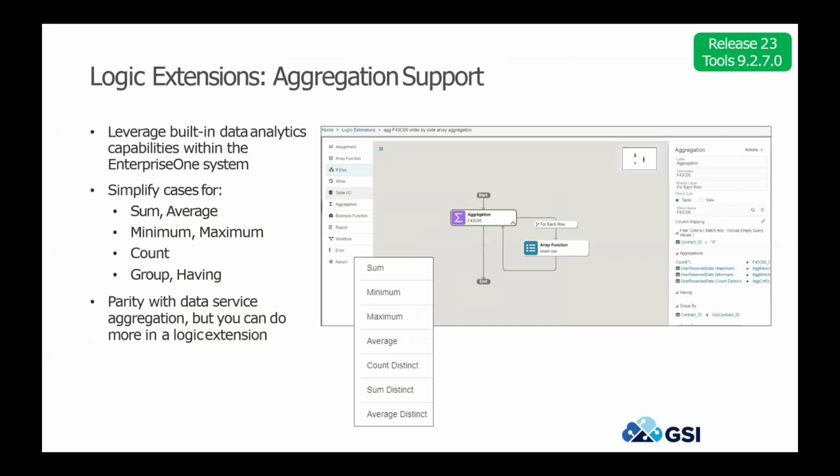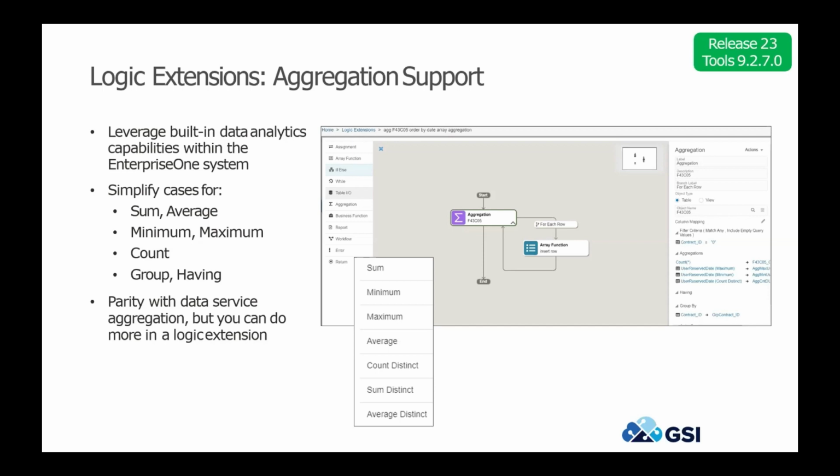Now we talk about aggregation support, which I think is even a bigger piece of the enhancements here in the 9.2.7 release. We're getting ready for, I think, 9.2.7.3 pretty soon. So probably with Blueprint 4D, we'll see another release, some more enhancements. I don't know quite all of what is going to be announced there, but I'll find out at Blueprint for sure.